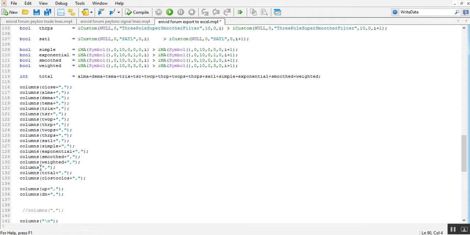So if they were all true, it'd be maybe 14 or however many there is. If none of them are true, in other words, every single moving average was going down, it would be 0. If 7 were going down and 7 were going up, it'd be 7 or something. I had to sit and think about it.